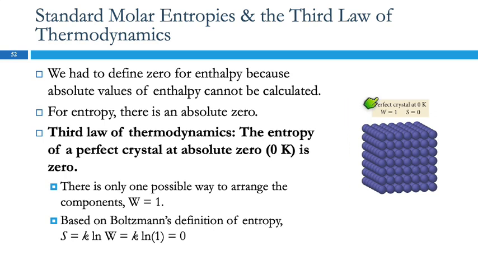So a perfect crystal where every single atom is in its place, W, the number of ways to arrange the components, equals 1. So based on Boltzmann's definition of entropy, where entropy is equal to k times the natural log of W, if W is 1, the log of 1 is 0, and entropy is 0.